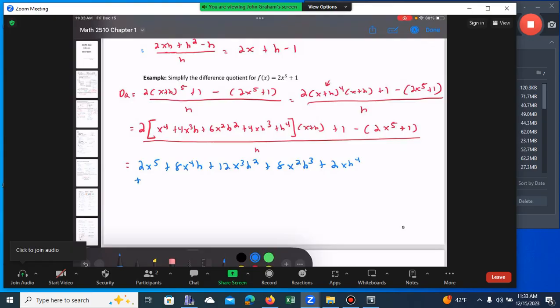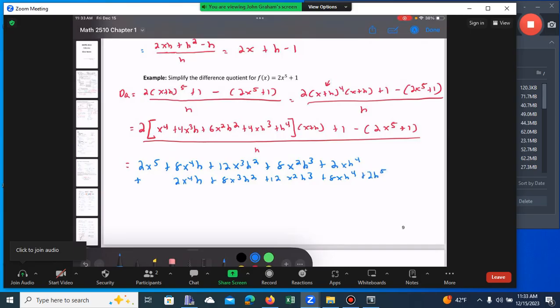So we'll have 2x to the fourth h. We'll line these up. 8x cubed h squared, 12x squared h cubed, 8x h to the fourth, plus 2h to the fifth.